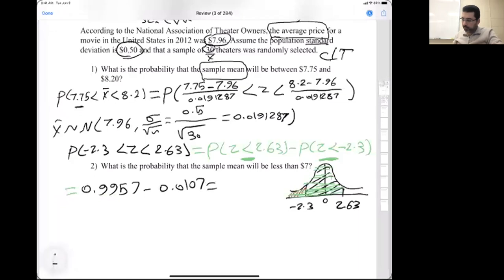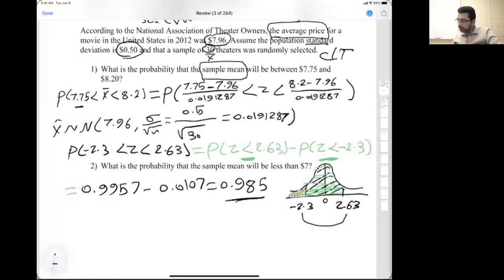Use your calculator or Excel: 0.985. So this is the area between negative 2.3 and 2.63, which is the same area for the original distribution.